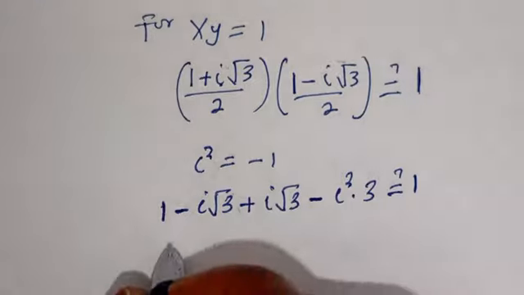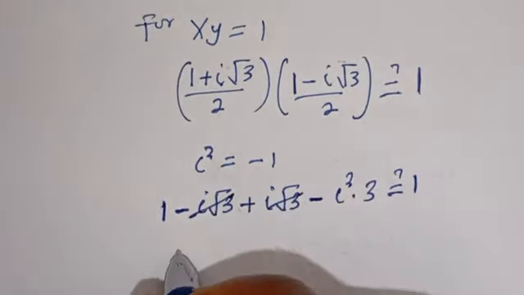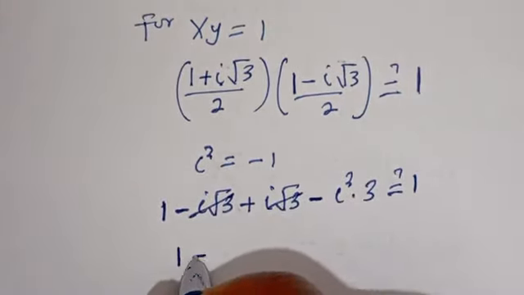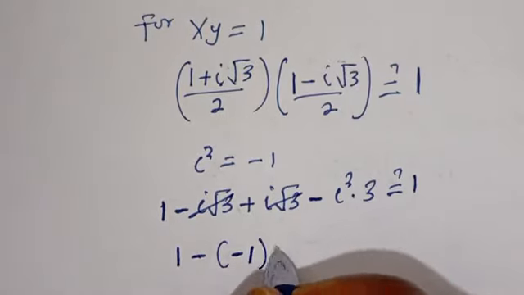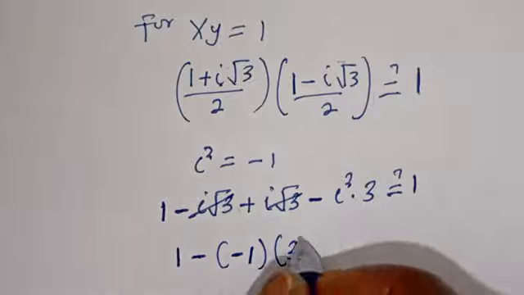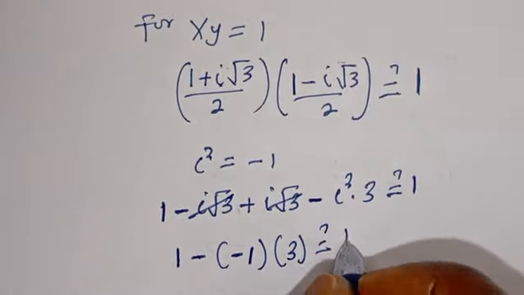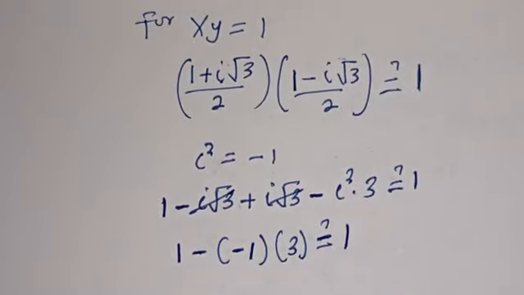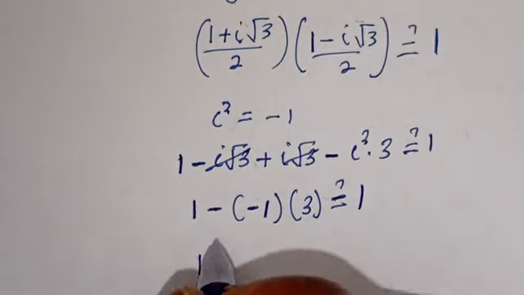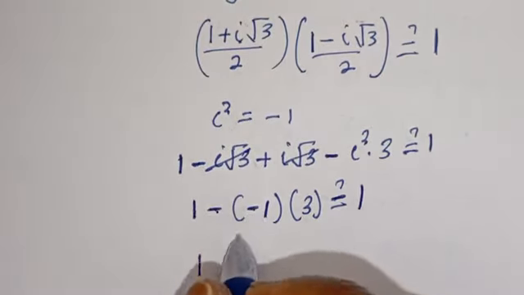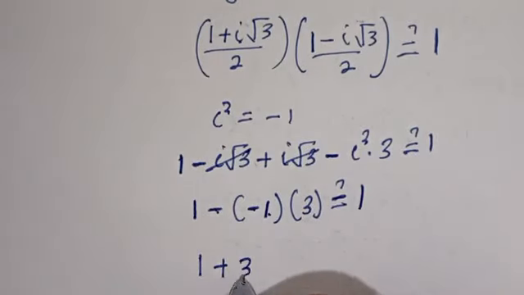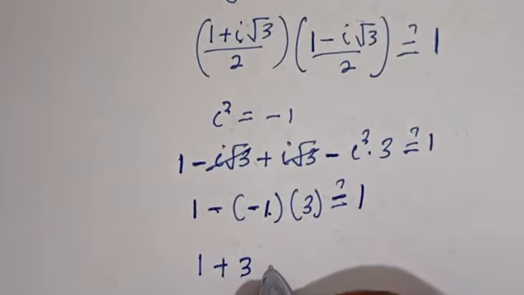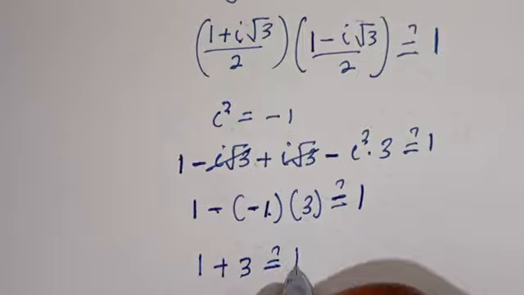Now we have this will cancel this. Here is 1 minus bracket i square is minus 1 multiplied by 3 must be equal to 1. Then here is 1 times 1, that will be plus 1 times 3, that is 3. Then must be equal to 1.